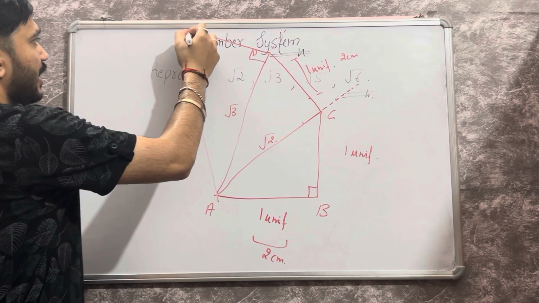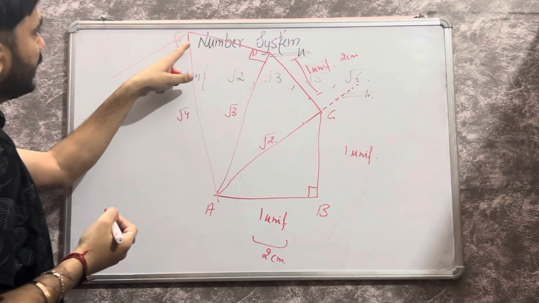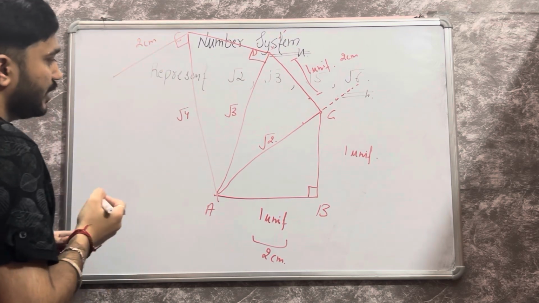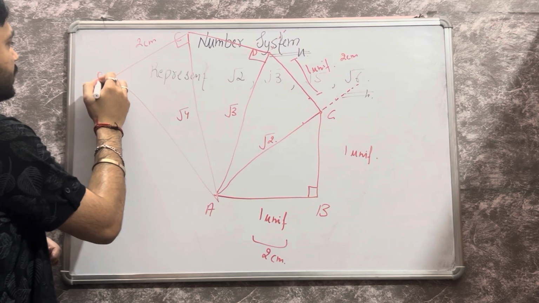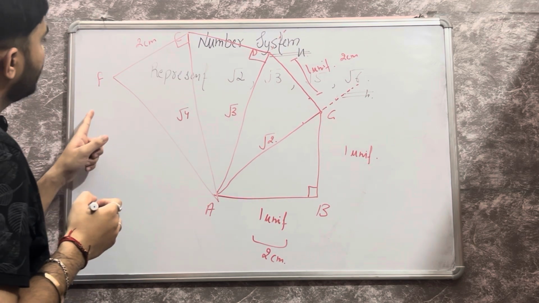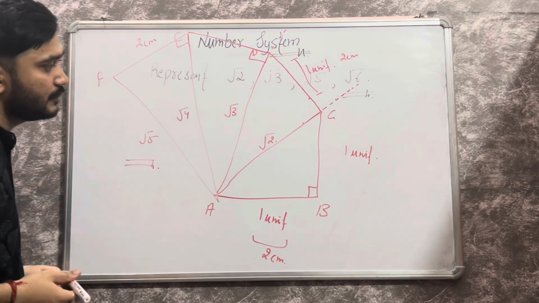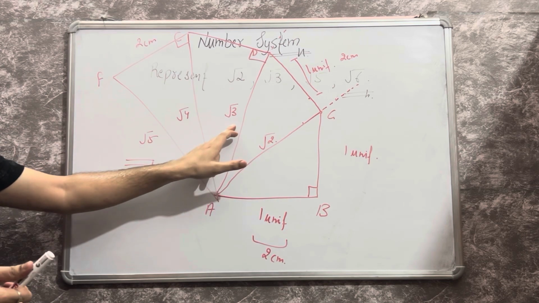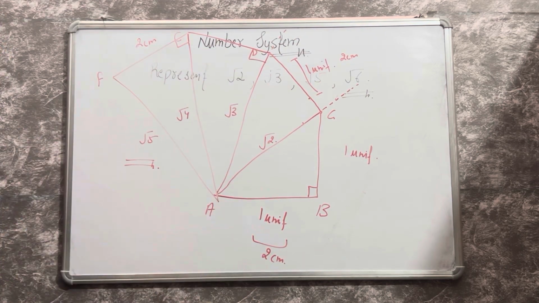Take the set square and make a 90-degree angle here, and extend this line of 2 centimeter here, and join this point with A and represent it as F. So you will get under root 5 here. Any doubt? That's how you can represent under root 2, under root 3, under root 4, or even under root 5 on your copy. Any doubt?